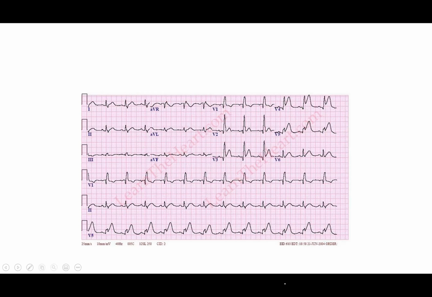So once again, just identifying the bundle branch block. V1, positive deflection. Lead 1, slurred S wave. V6, slurred S wave. Got a right bundle branch block.